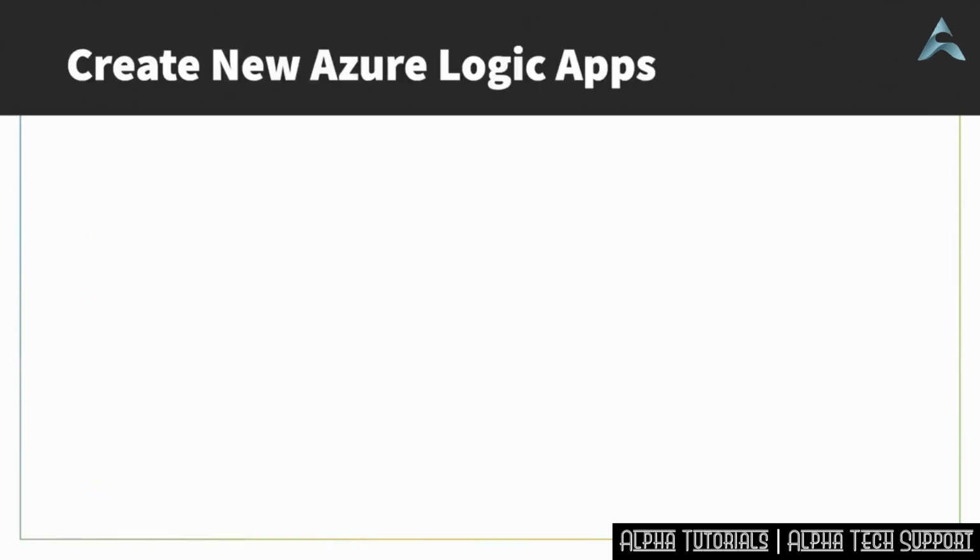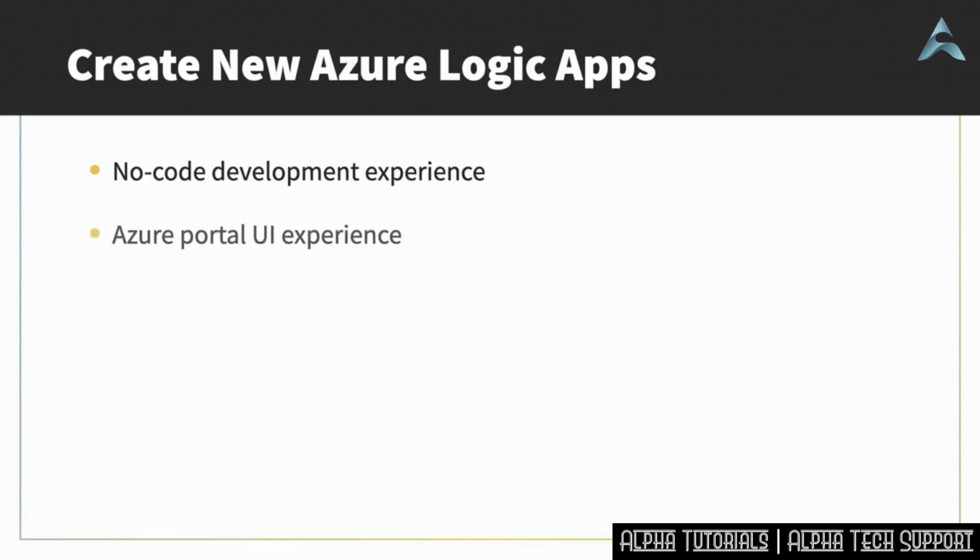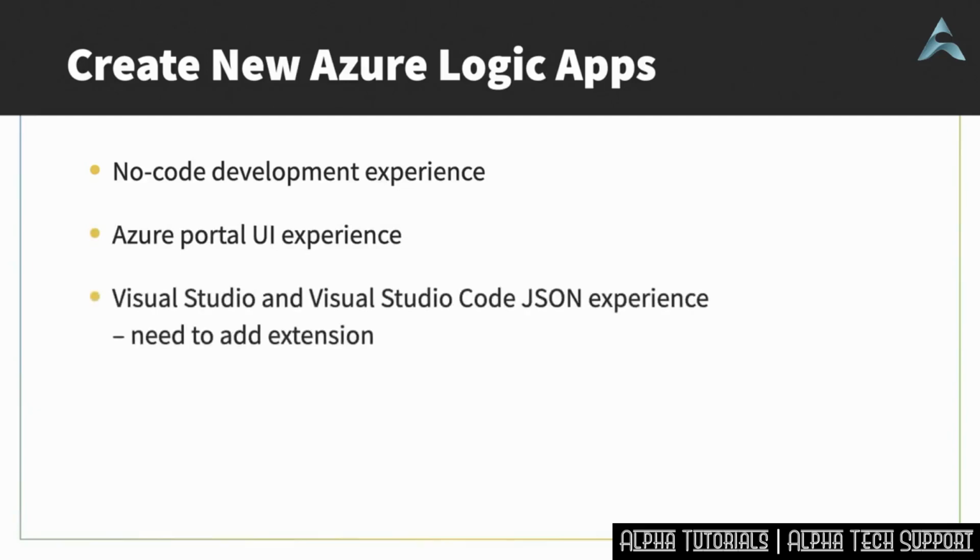So how do you create a new Logic App? Well, there's no code experience needed, so you don't need to have coding experience. You can just use the Azure portal, and there is a UI for you to use. And of course, we also have extensions, and we can also use Visual Studio and Visual Studio Code and do this straight from those applications, which, to be totally honest, is a little bit my preference, because then we can just save all the Logic App in source.